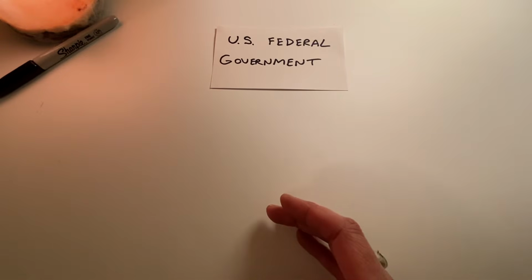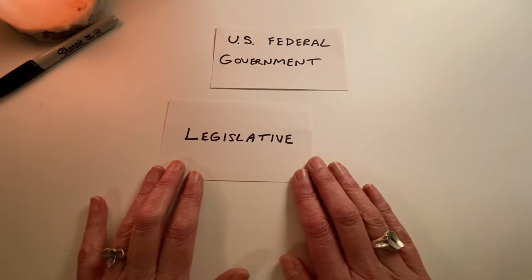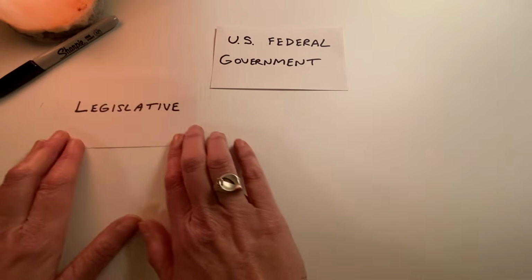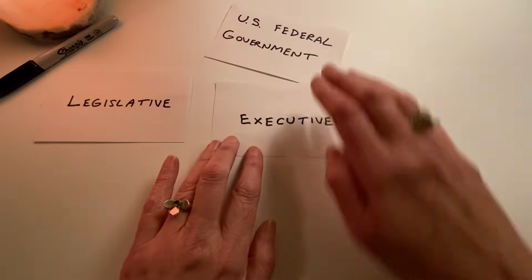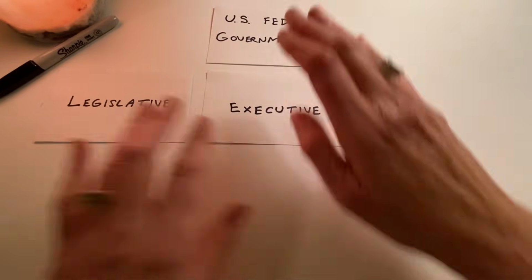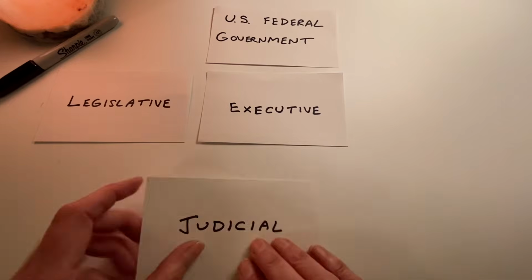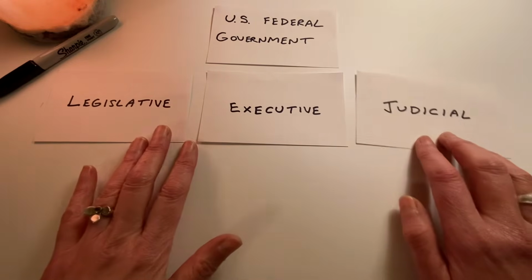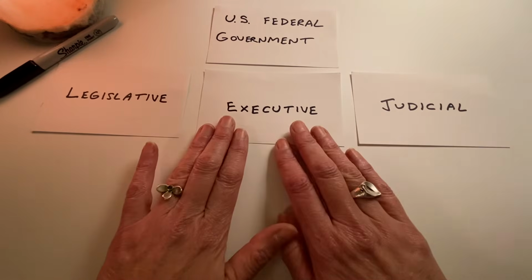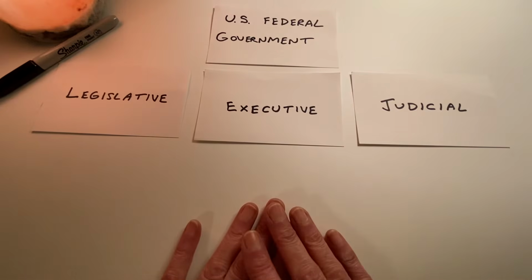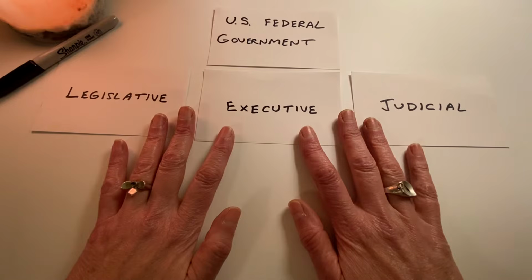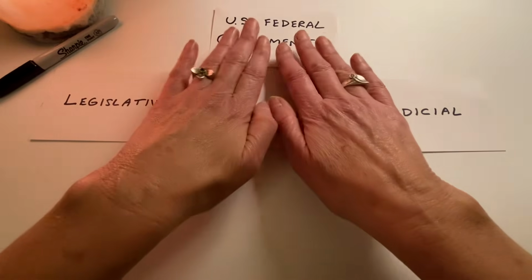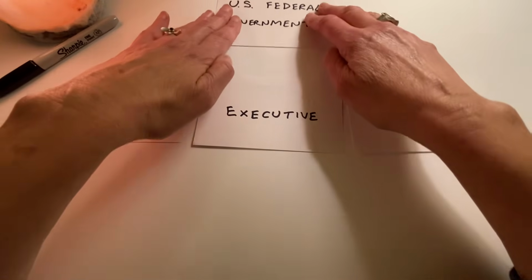We have the legislative branch, the executive branch, and the judicial branch. These are the 3 branches of government underneath the umbrella of the U.S. federal government.